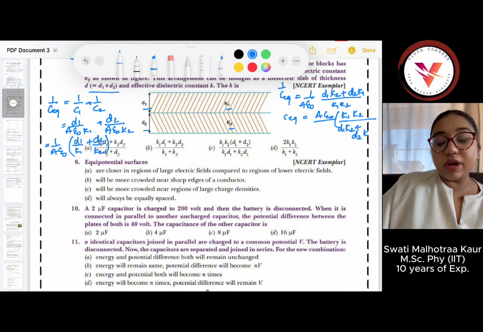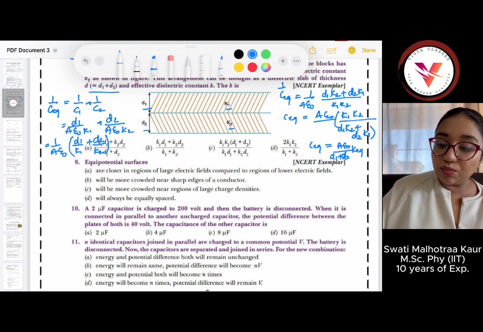Okay, now in actual, C equivalent is A epsilon naught upon total D, which is D1 plus D2, into K equivalent. And if you compare both, K equivalent upon D1 plus D2 is equal to kappa 1 kappa 2.